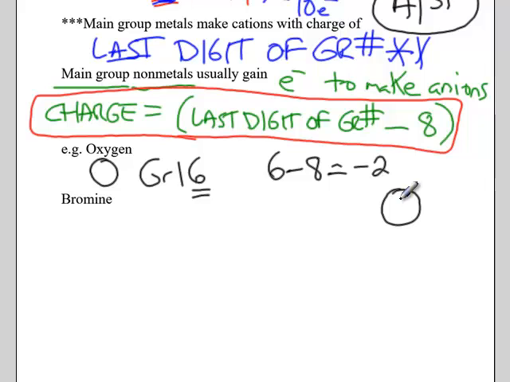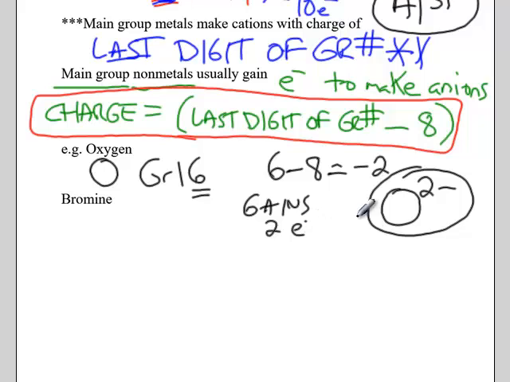So when oxygen forms an ion, it will form an ion by gaining 2 electrons. So it has a net -2 charge. It has 2 more electrons than it does protons. This is just the opposite of what happens with metals.